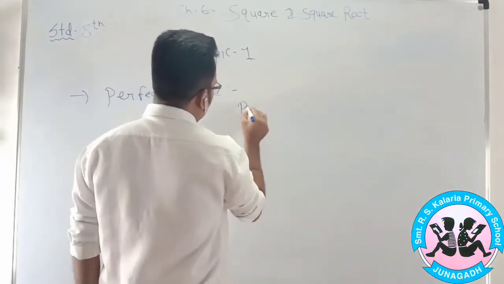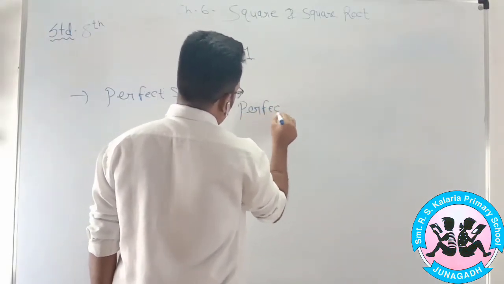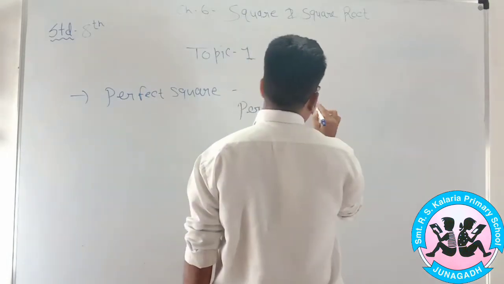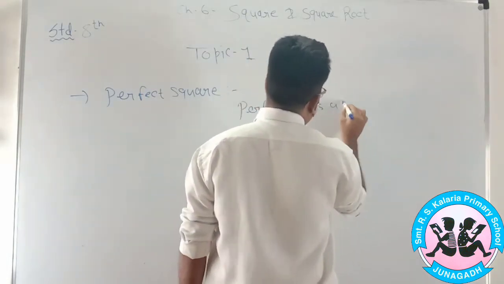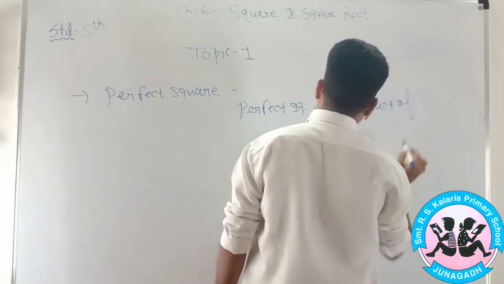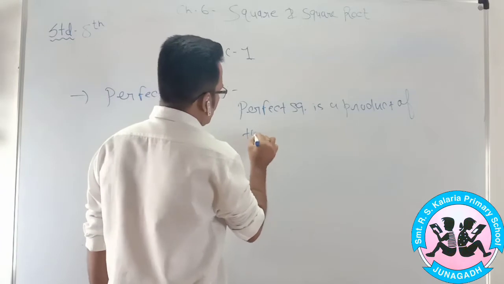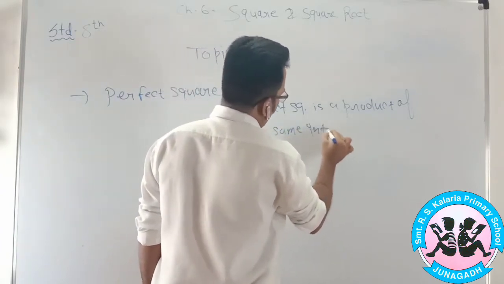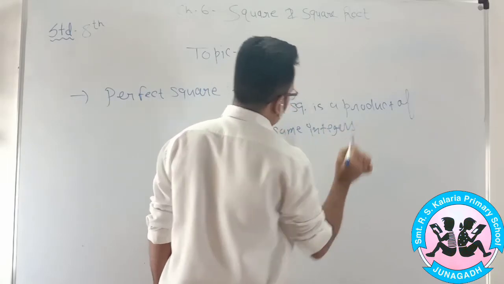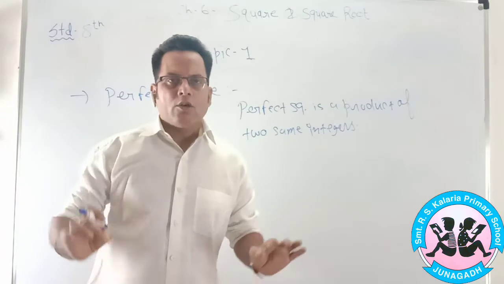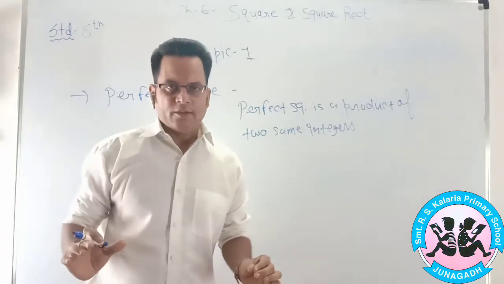Perfect square is a product of two same integers, right?